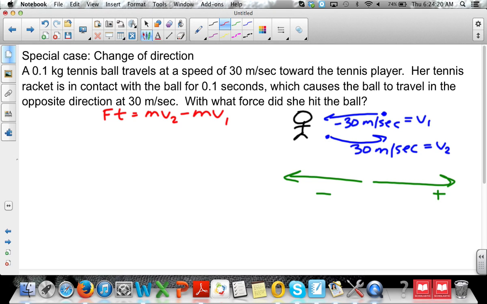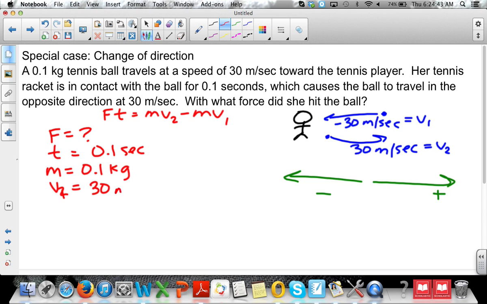So F is the one I don't know. That's actually what I'm solving for this time. T, they're in contact for 0.1 seconds. M is the ball, 0.1 kilograms. V2, I want to go in order, V2 is the positive 30 meters per second, and V1 is the negative.